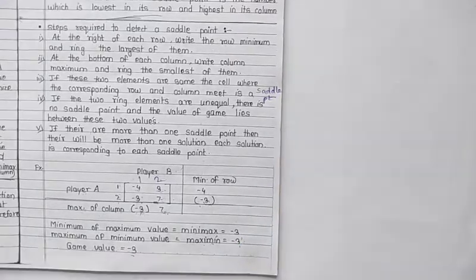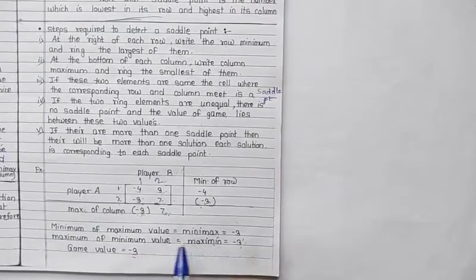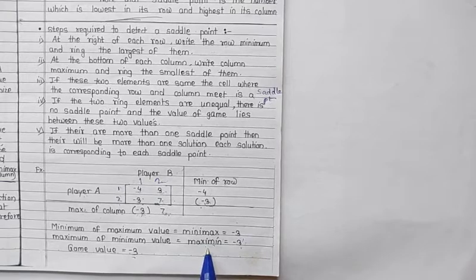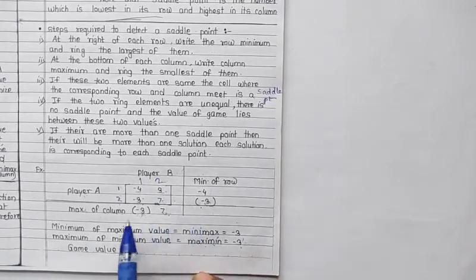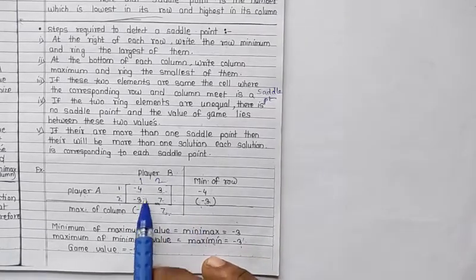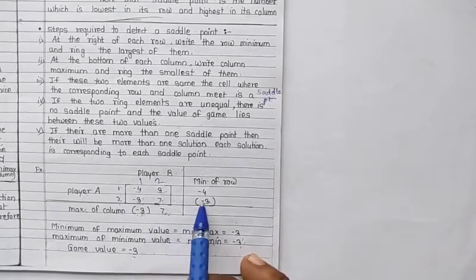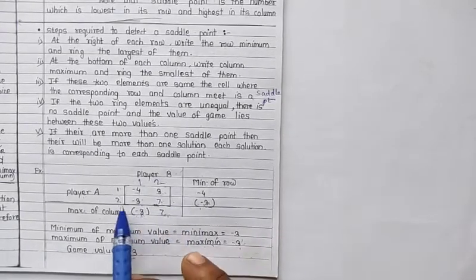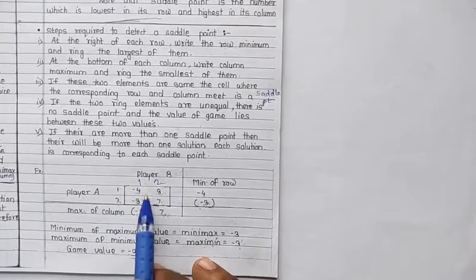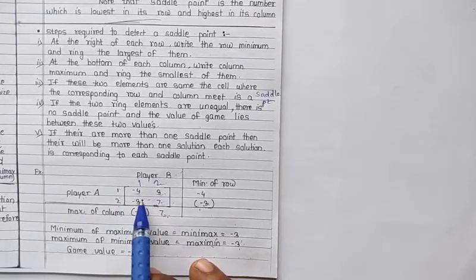Therefore in this example, the maximin value is equal to the minimax value. Therefore the game has a saddle point at the position of intersection of these two values. What is the intersection of these two values? It is 2, 1. So here is the saddle point.